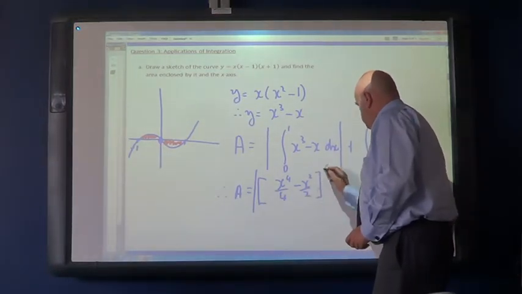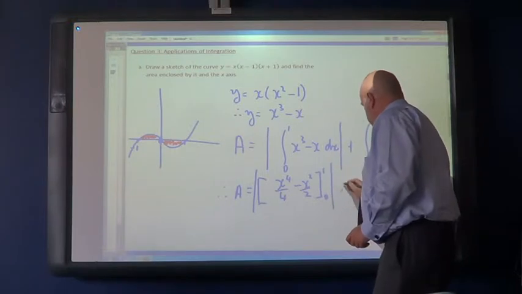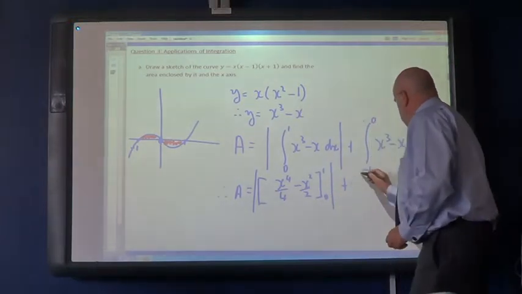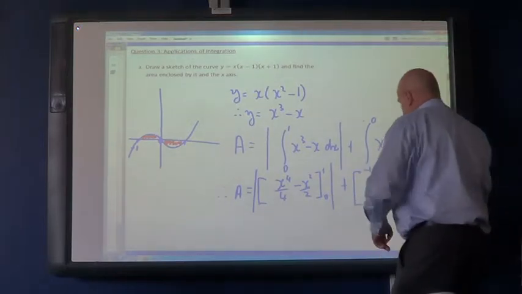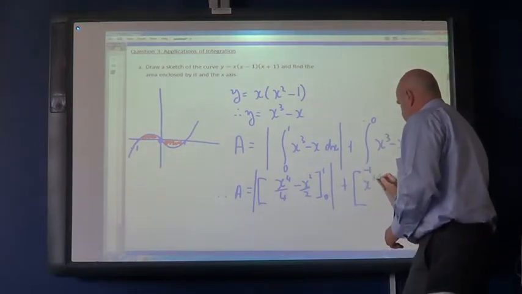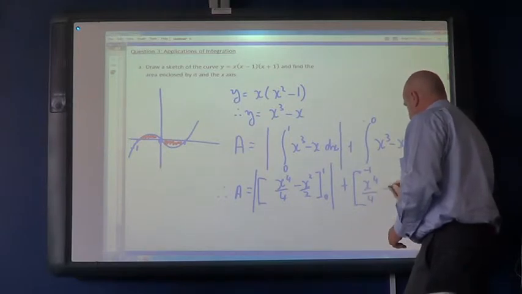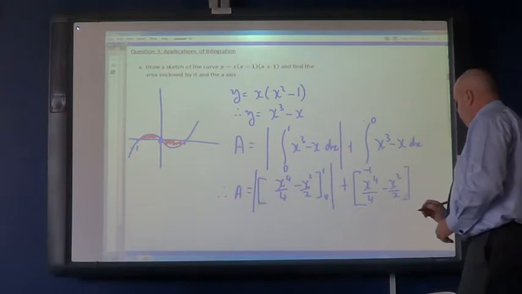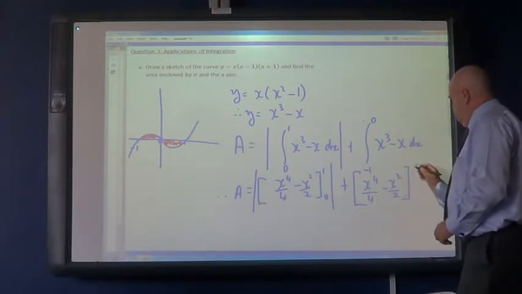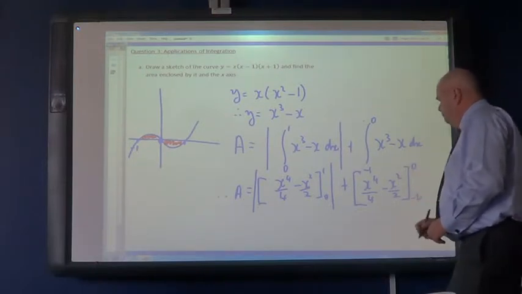Our limits were 1 and 0, absolute value, just remember. And here we get to recycle our information. The expression is obviously going to be the same, but the limits are different. x to the power of 4 over 4 minus x squared over 2, close up that bracket, and our limits here were 0 and -1.